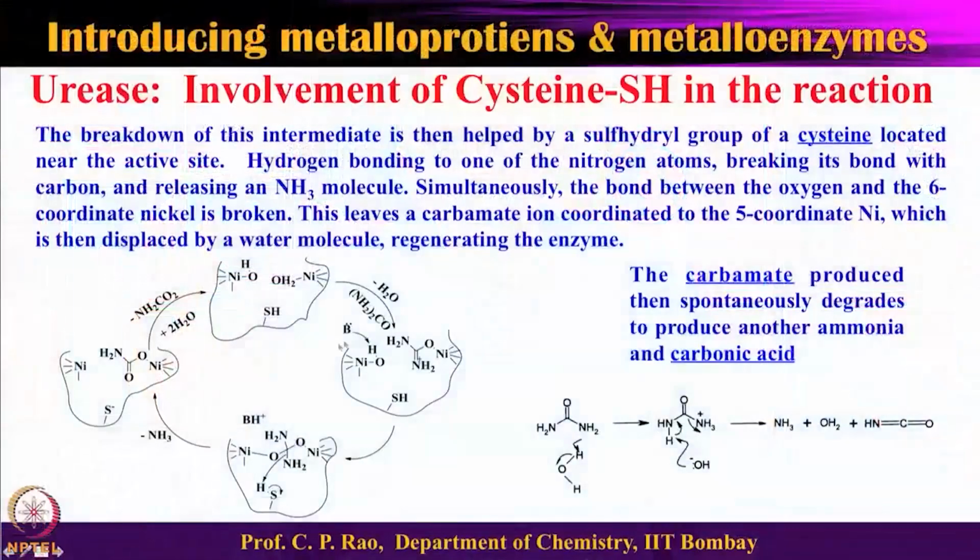When the flap closes, all the carbonyl moieties turn towards the amine moieties and lock in the whole system, and then you have the hydroxyl giving a nucleophilic attack on this. In one mechanism we have used the SH moiety, in the other mechanism we have used the imidazole for proton transfer. Therefore, two different mechanisms have been postulated for this.